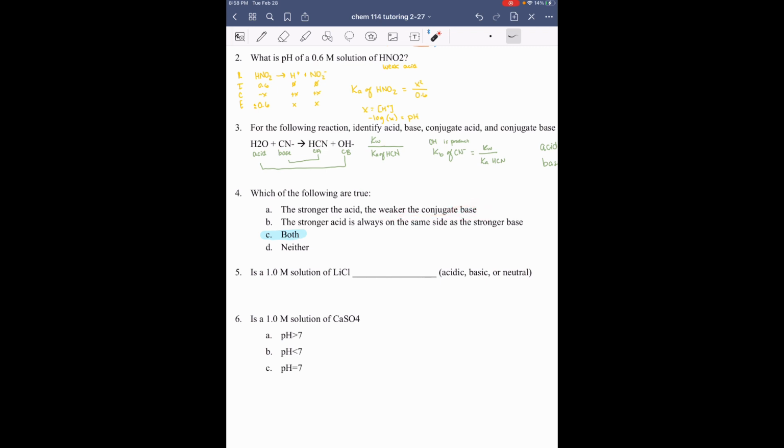I can't be strong with both. So that is a true statement. And then the stronger acid is always on the same side as the stronger base. Stronger acid with stronger base. It doesn't have to mean strong. Neither of them has to be actually strong. They just have to be stronger compared to the other side. So those are both true.